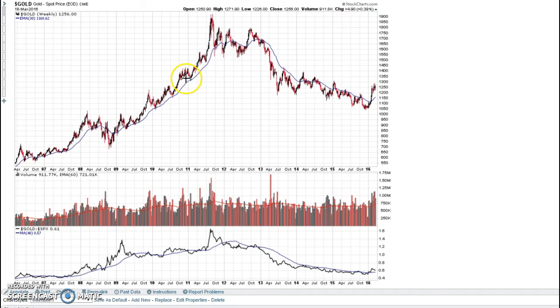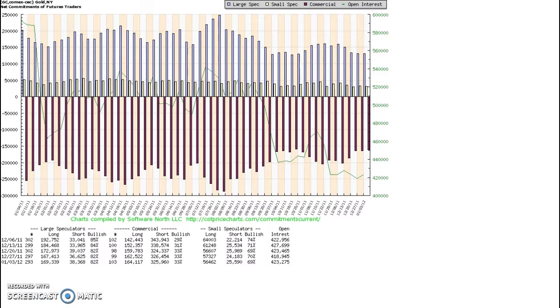And in 2011, the price of gold continued higher all the way up until September. And we can see that in 2011, the number of net contracts short stayed above 200,000 during all that time until September, where it finally tapered down to about 150,000 contracts short.